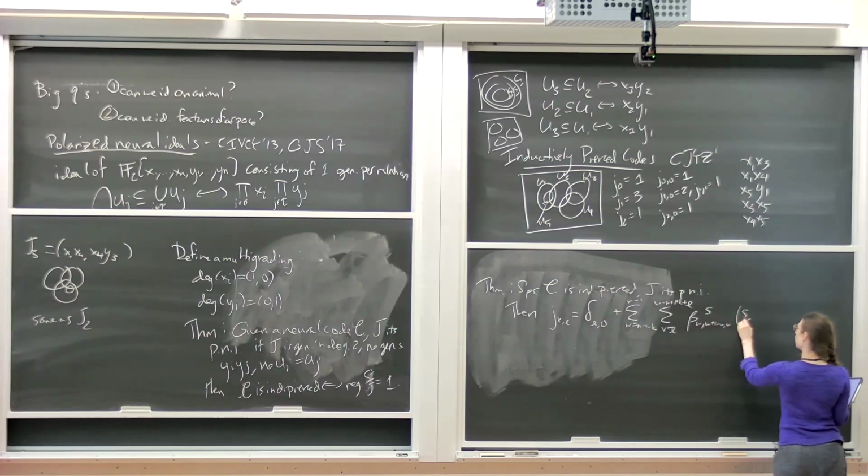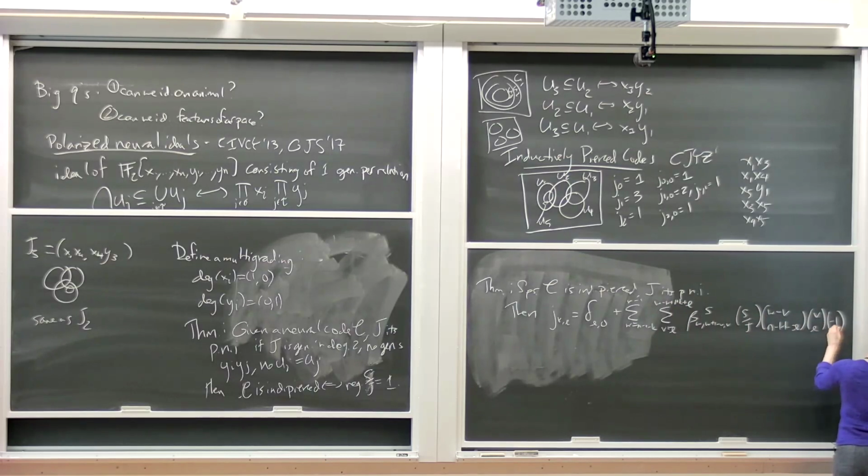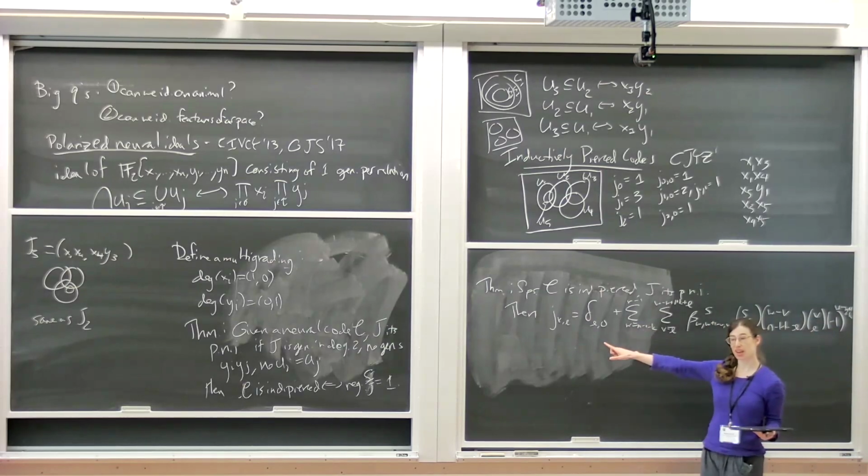S here is the ambient ring. All I need you to get from this is we've got these multigraded Betti numbers. And if you know the multigraded Betti numbers, you can find the J sub KL.